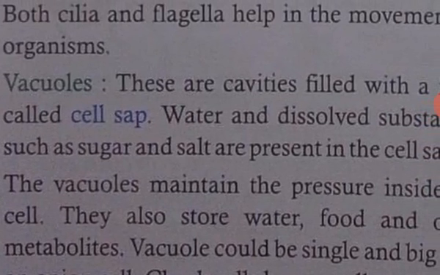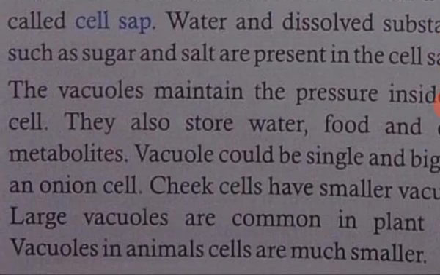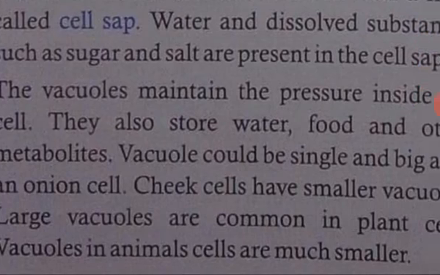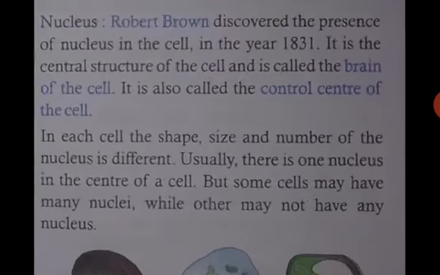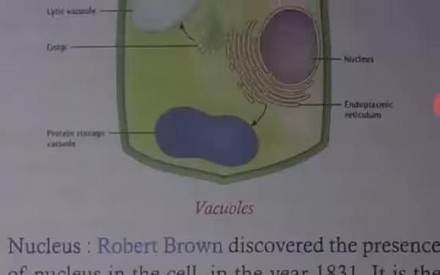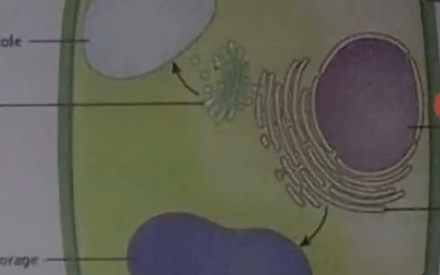These are found in the cytoplasm. In plant cells, the vacuoles are bigger in size and more in number. But in animal cells, vacuoles are smaller in size or fewer in number.